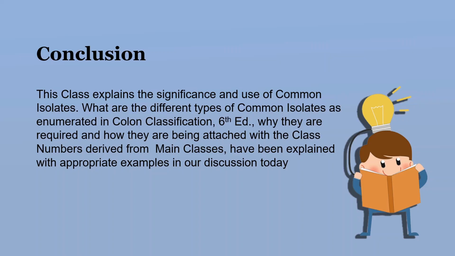In this respect, we have to keep in mind that we have to follow the rules part and also the annexure part for the concerned rules and revision for using the common isolates. Thank you.